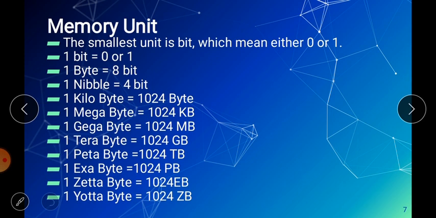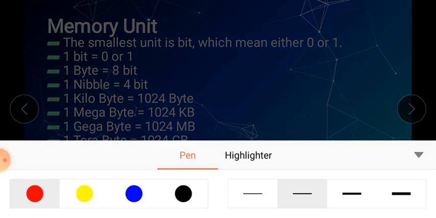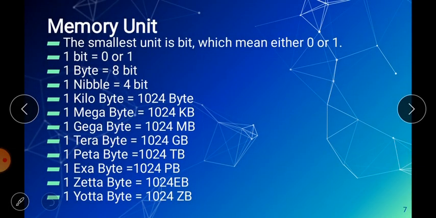So when we talk about memory, starting with the very smallest unit, that is the bit. What is a bit? A bit is a single binary unit, that is 0 or 1. When I say bit, it means I am saying 0 or 1.